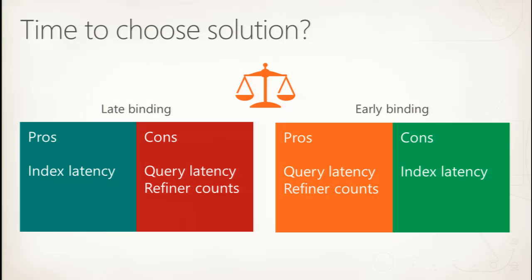So if you have real-time requirements on the security as well as very high requirements on query latency, then you have a difficult decision. And there is, unfortunately, no good answer on whether one is better than the other. It's always a weighing of the pros and cons between the two solutions, and knowing the characteristics of either of them.